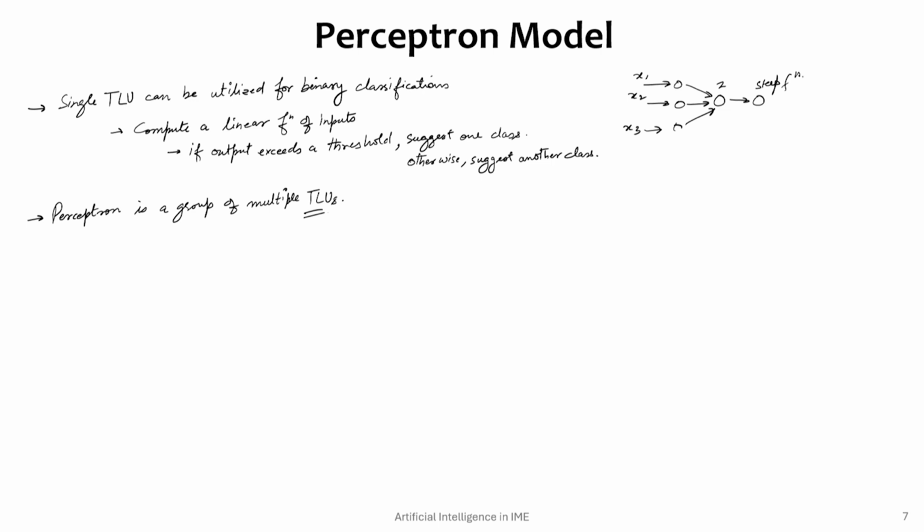Now, what changes with multiple TLUs? Let's say we have 3 inputs and 2 neurons.